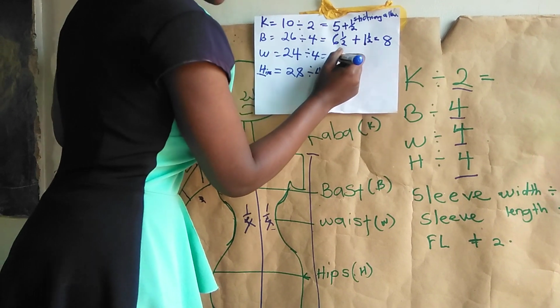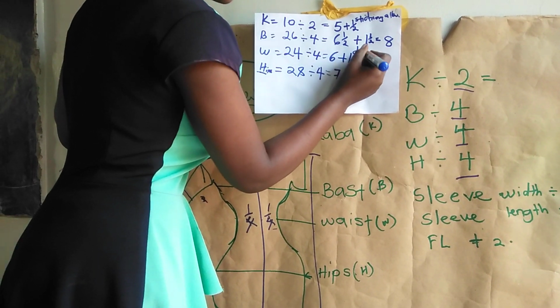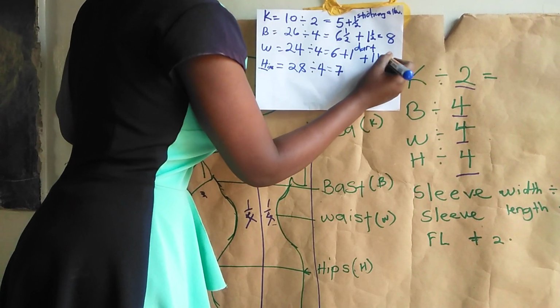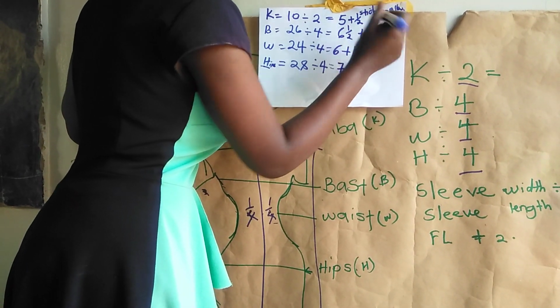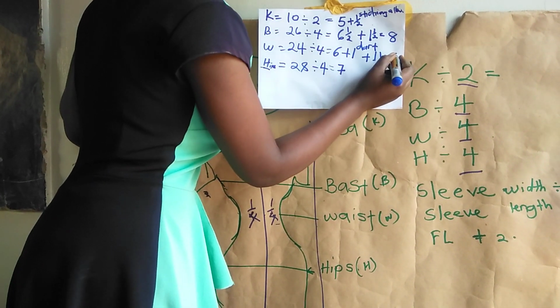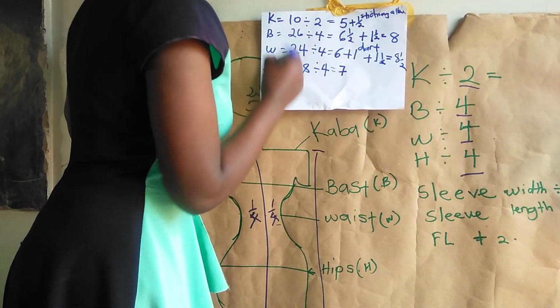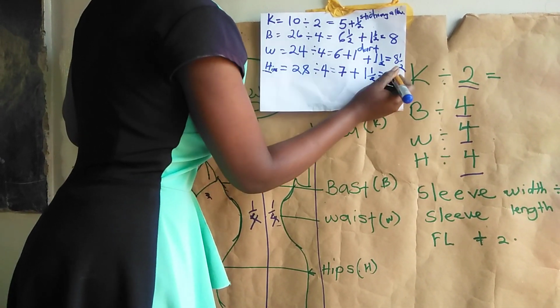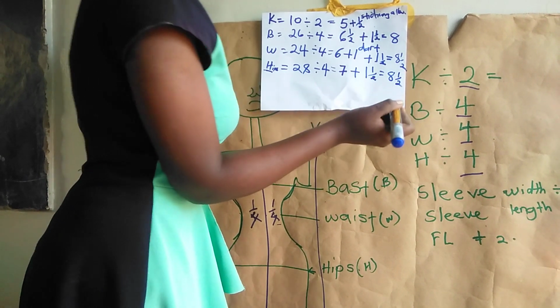For the waist, we add plus 1 for the dart and plus 1.5 stitching allowance. So we get 6, 7, 8, 8.5. For the hip, we add plus 1.5 to make it 8.5.